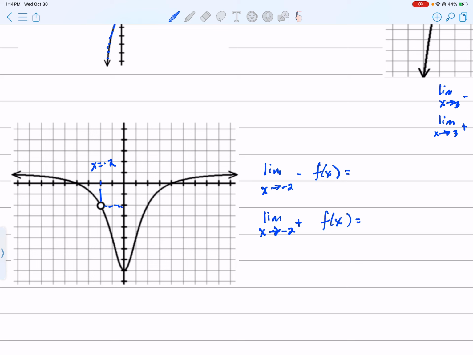At -2, right? Because by common sense, this is the left, this is the right. If we try to get these values right here, it goes very close to -2. Same thing from the right, very close to -2. Right there.